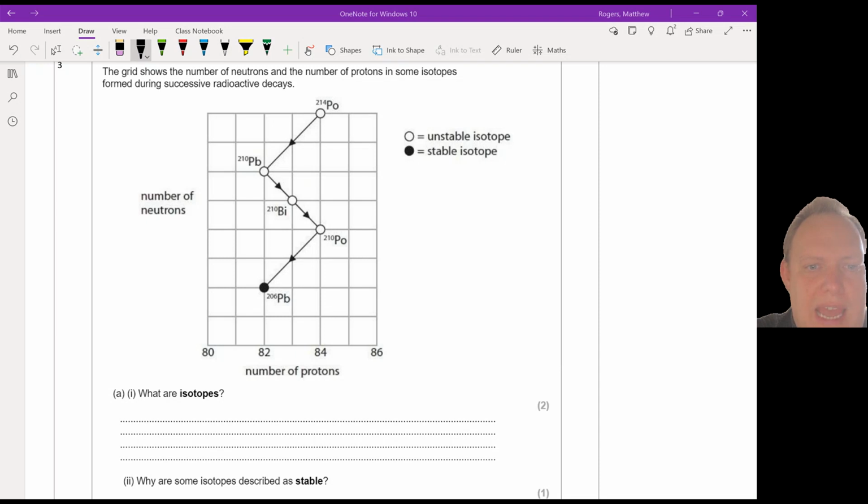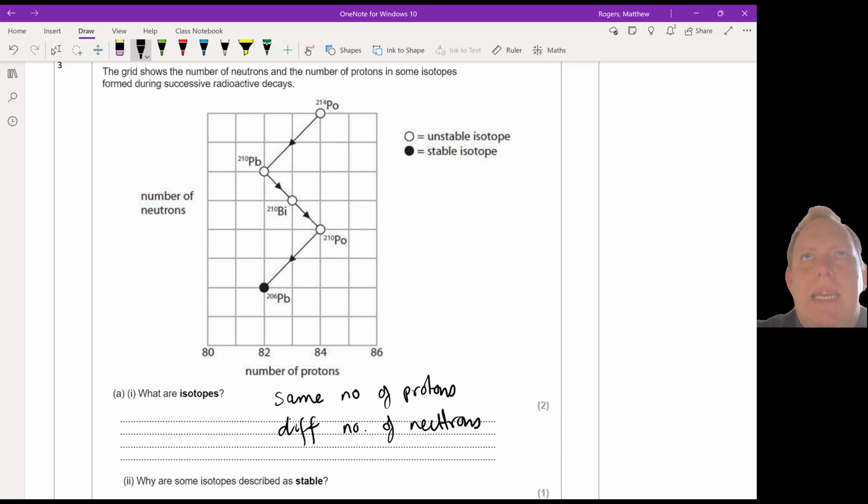One has a mass number of 206 and one has a mass number of 210. So hopefully this is a helpful reminder about what an isotope is. It's about having the two versions of an element with the same number of protons, but with different numbers of neutrons.